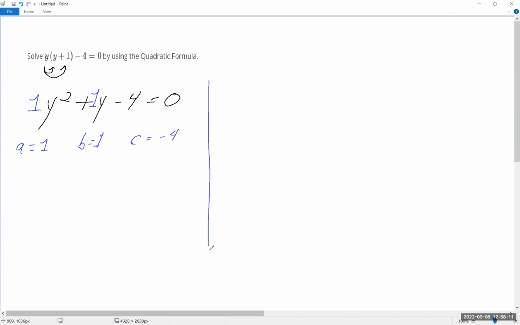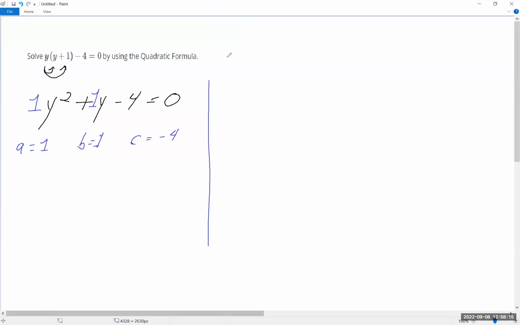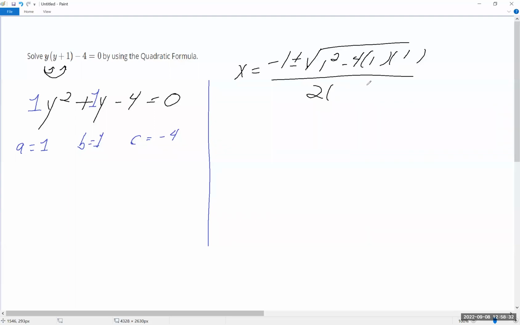All right, so the quadratic formula, we should all have that memorized. It's x equals opposite of b plus or minus the square root of b squared minus 4ac, all over 2a.